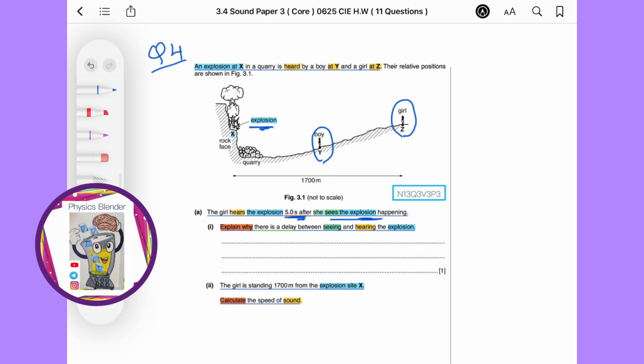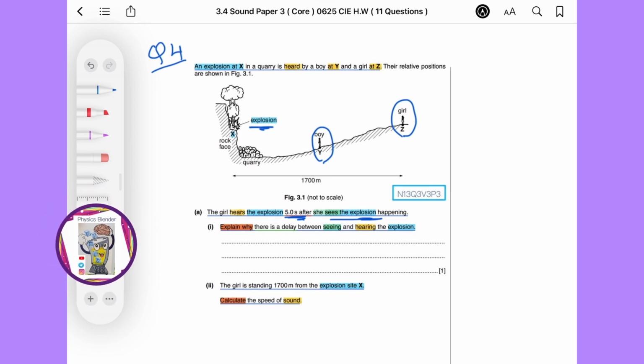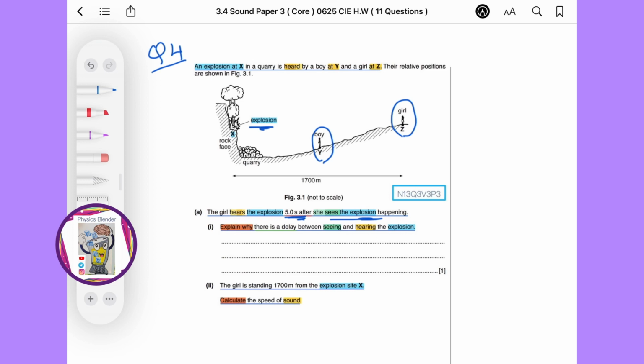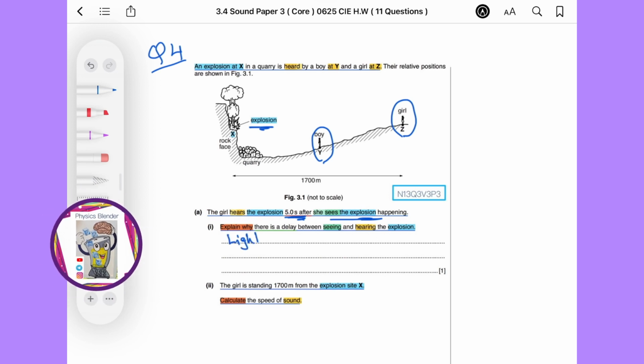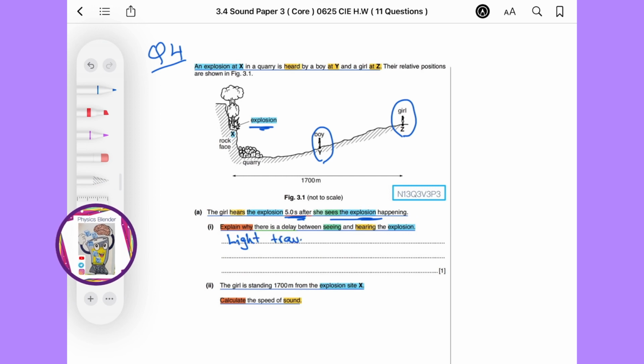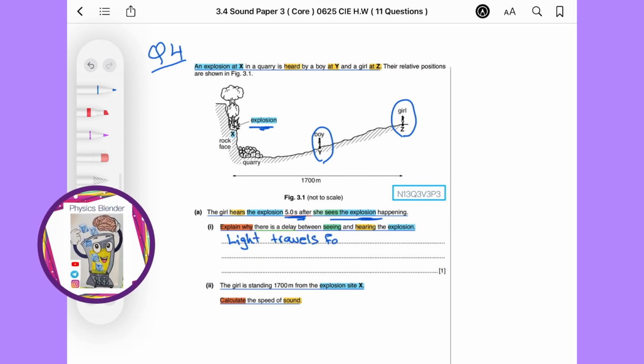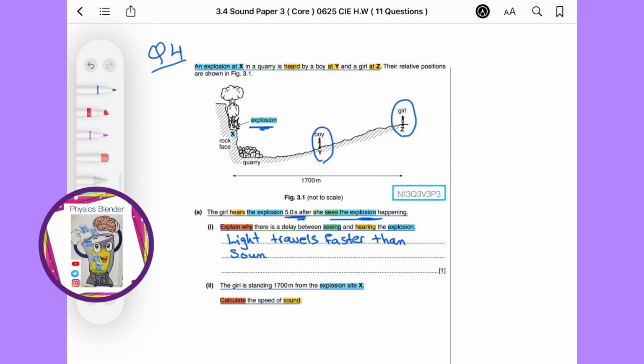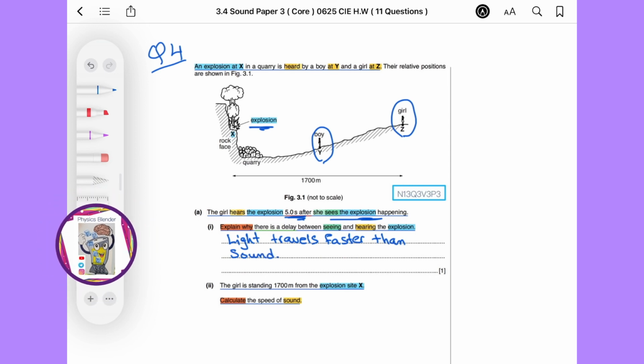As we said many times, light travels faster than sound, or you can say it the other way around, sound travels slower than light. So you can write here that light travels faster than sound.